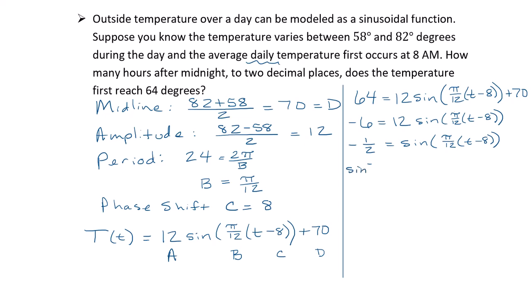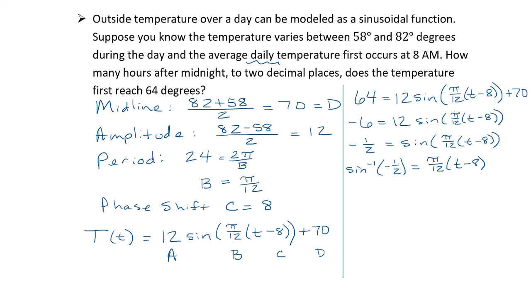The inverse sine of negative 1/2 is equal to pi over 12 times t minus 8. Now if I multiply both sides by pi over 12 and go ahead and find the inverse sine of negative 1/2, this simplifies it quite a bit.